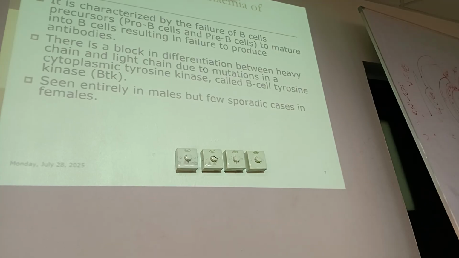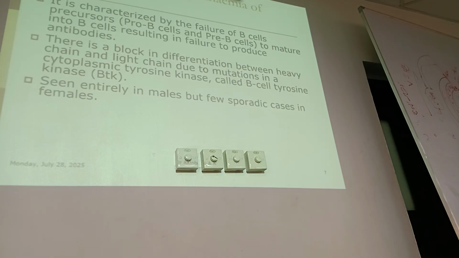Hemophilia is X-linked. This is X-linked too. What condition will make a female have an X-linked disease? What condition? Turner syndrome. Turner is XO.